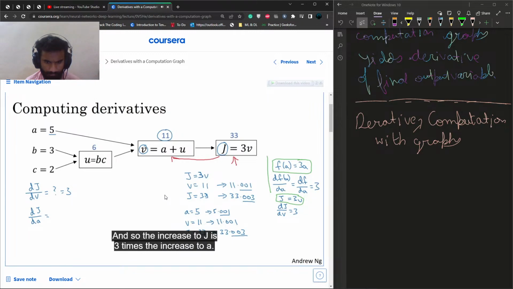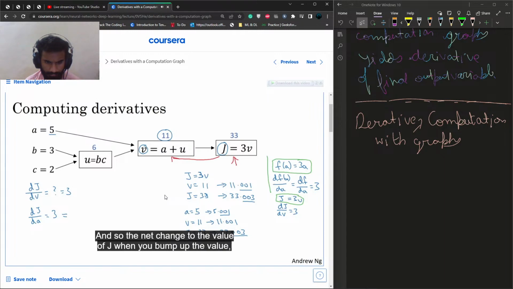And so the increase to j is 3 times the increase to a, so that means this derivative is equal to 3. One way to break this down is to say that if you change a, then that would change v, and through changing v, that would change j.